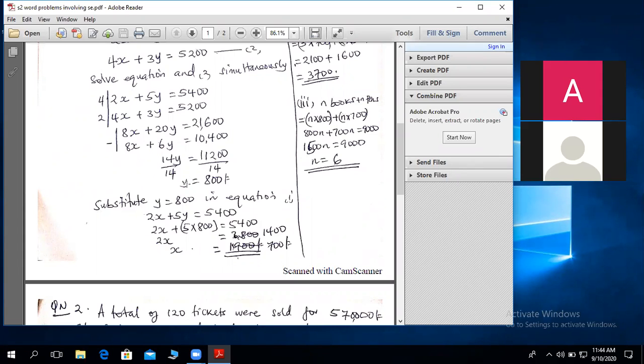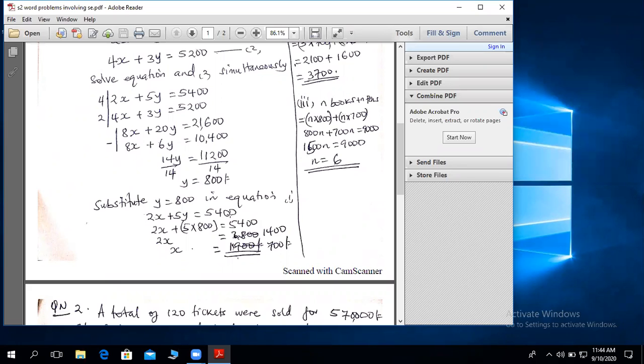And remember, we want x and y, so we can substitute y equal to 800 in any one equation of our choice. For example, I think this was equation 1 that we are using. So we are substituting y is equal to 800 in equation 1. And when we do that, where there is y, we put 800. I remain with 2x.